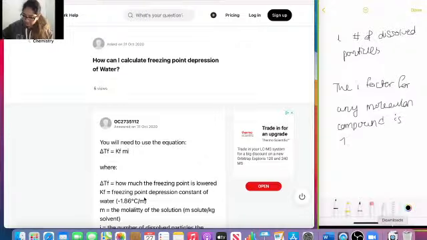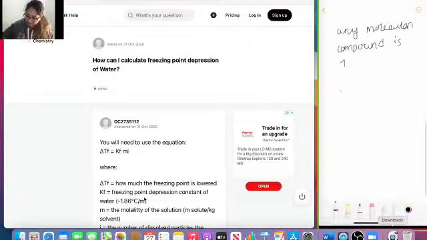And the freezing point depression constant, you can get this by isolating it from the equation.